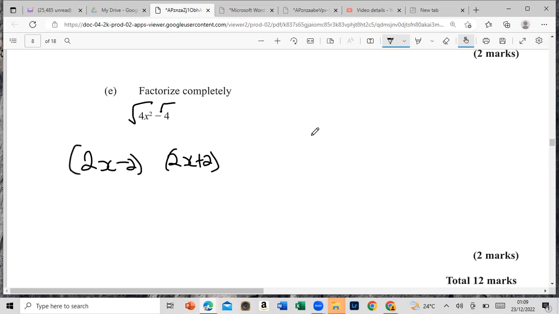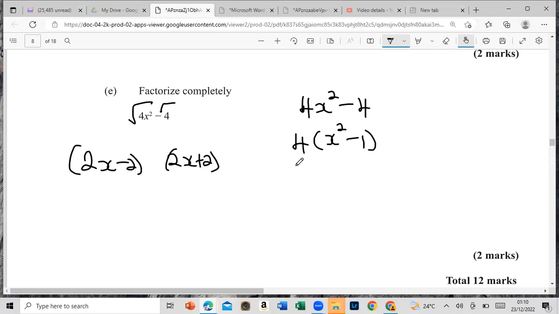The next way you could look at it, let me just show you guys. You factor out the 4 because 4 is common to both. So I'm going to leave 4 outside, and leave x squared minus 1. Now this is a difference of 2 squares.